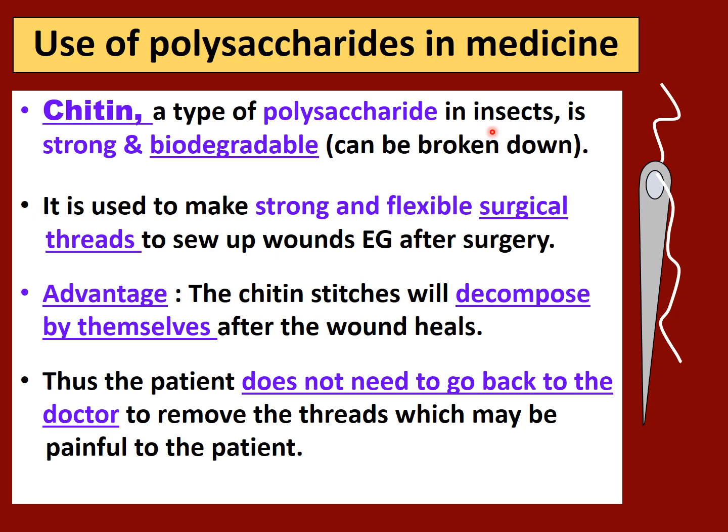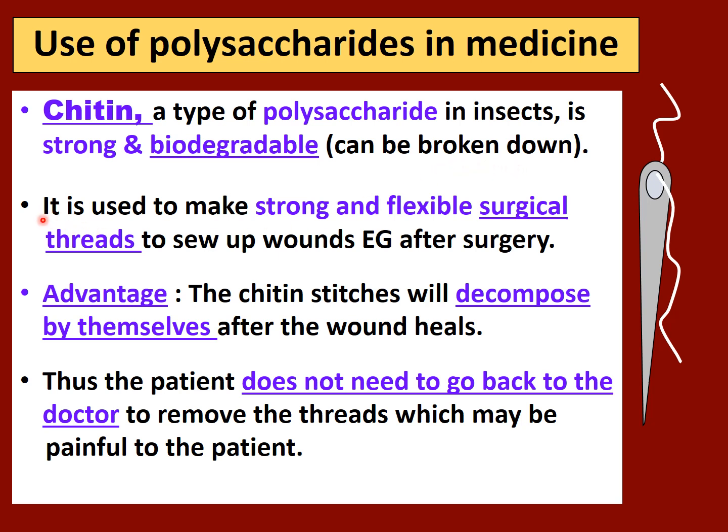Arthropods are organisms with segmented bodies like the insects and the prawns and crabs. So they all have this polysaccharide called chitin to build up their shells, and it is a strong polysaccharide and also biodegradable, meaning that it can be broken down quickly and naturally in the environment.